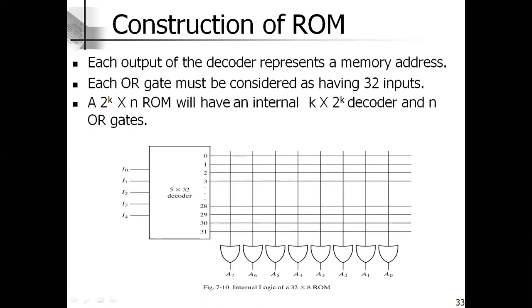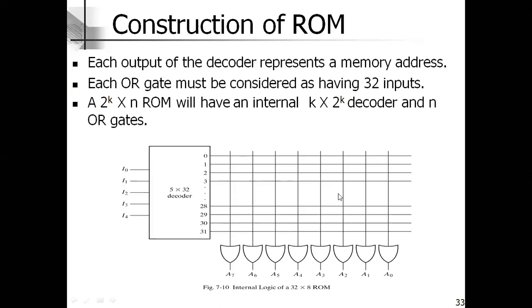We must specify the OR gate for each and every input value. Finally we get the output, that is the 8 bits. The 5 inputs are decoded by means of 32.